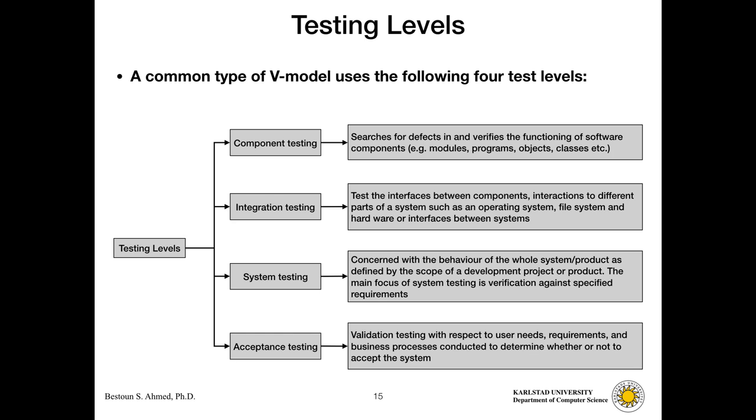We start with the small pieces that we call component testing, and then we integrate the components together to build a bigger piece of the software, and that is the integration testing. And then we build all the components together to form the software, and that is the system testing. And then finally, from the business point of view, you have to test the software for acceptance testing.